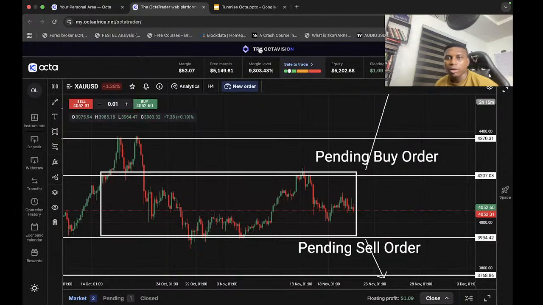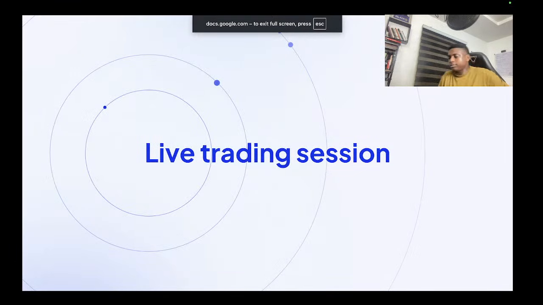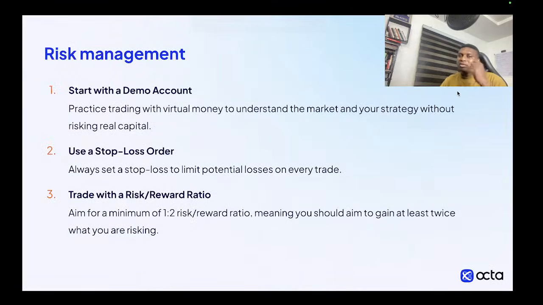All right, good. Now, there's an important lesson I want us to take home, and that's on risk management. So if you are a newbie, please do well to start with the demo account, practice trading with virtual money to understand the market and your strategy without risking real capital.